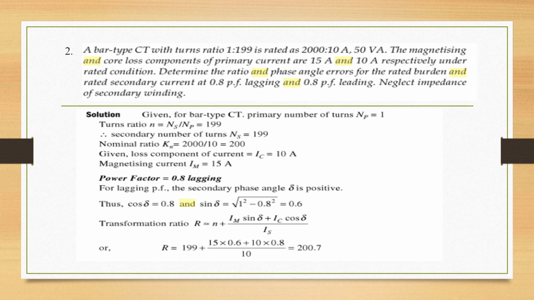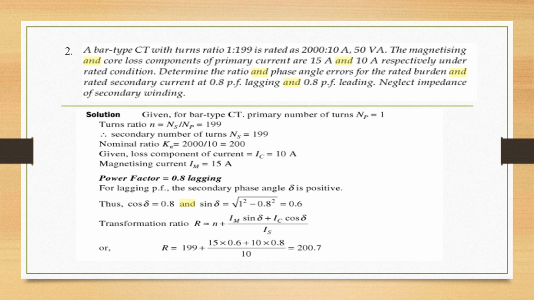Now we have to find out the nominal ratio value. This is the turns ratio, this is our nominal ratio Kn or the transformation ratio. Loss component of current IC is 10 ampere, magnetizing component given 15 ampere. Now if the power factor is 0.8 lagging, from that we will get the transformation ratio value.